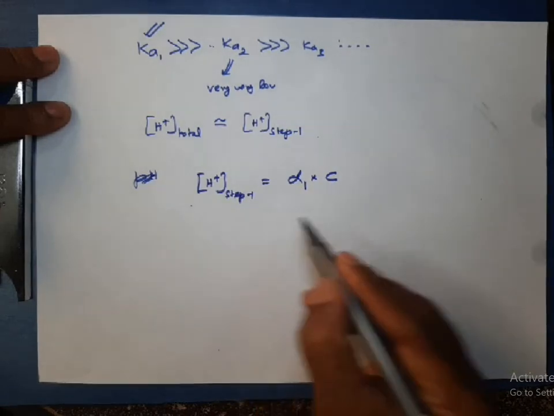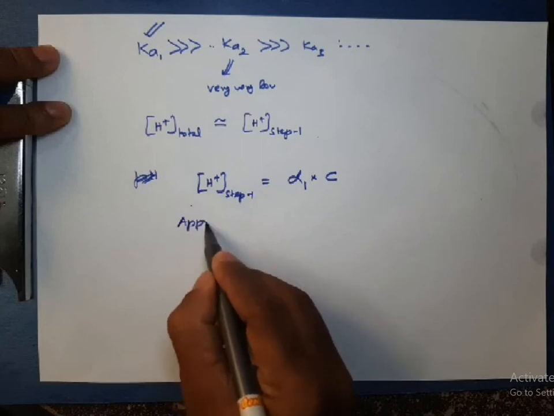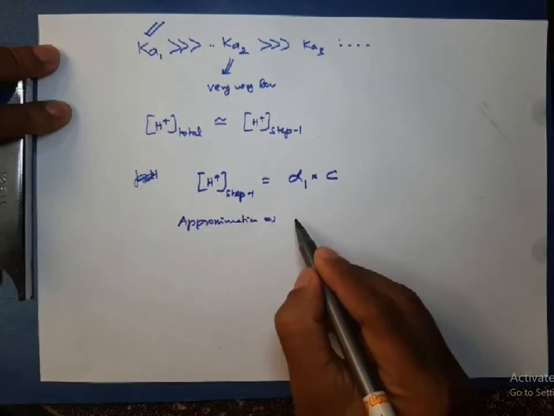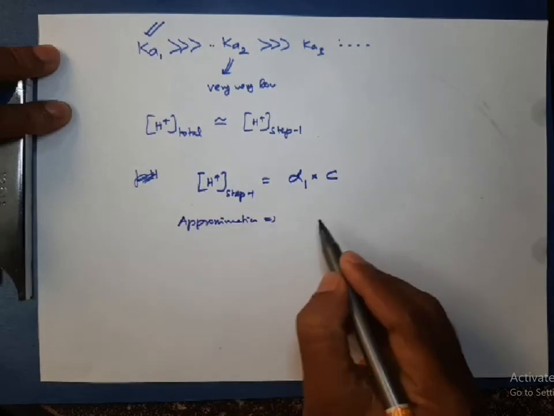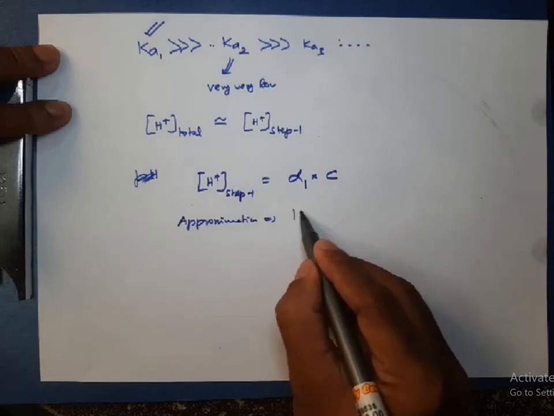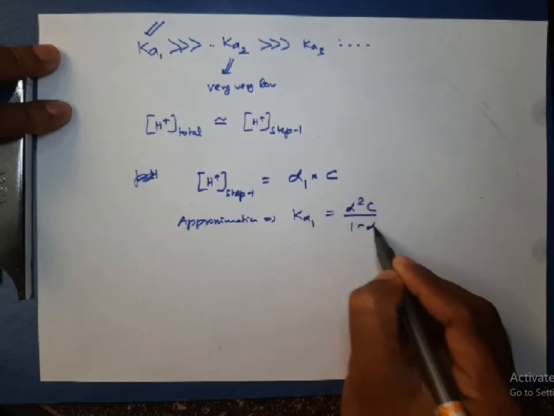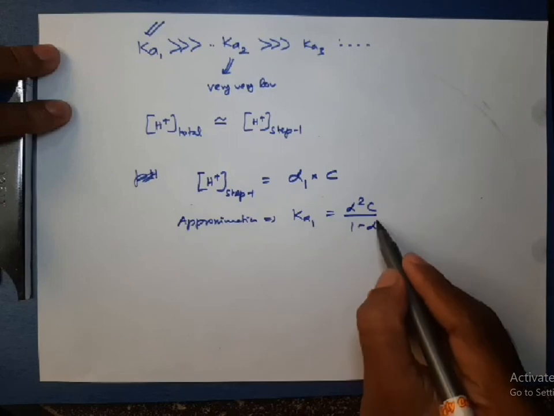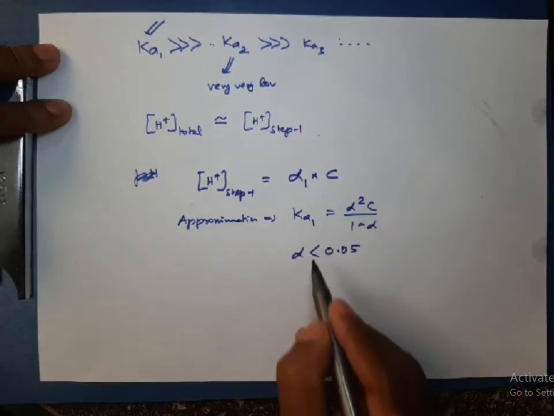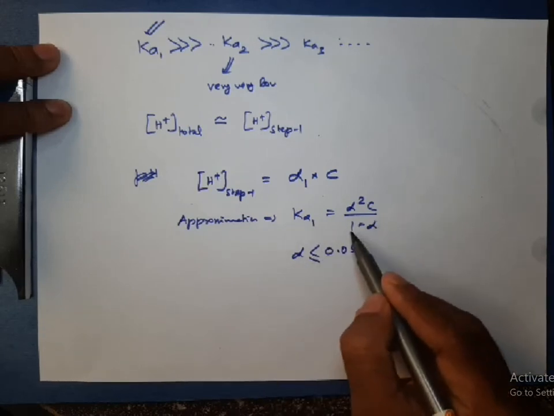Under the approximation that alpha is small: we know very well Ka1 is equal to alpha squared C by 1 minus alpha. You know this formula. If alpha is very small, equal to or less than 0.05, then I can neglect alpha compared to 1.